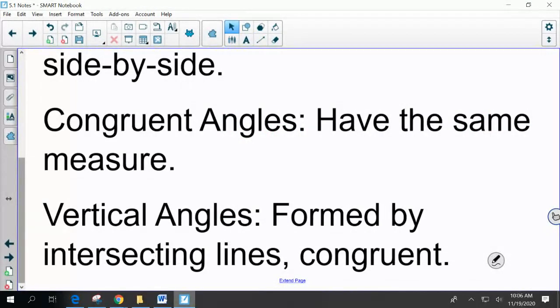Okay, so if you would pause your video and write down the last vocab word of vertical angles. And then the other part of this is, there's a lot of vocab in this chapter, and we actually will have a vocab portion on your chapter test, just like you would have in ELA, like a matching vocabulary portion of the test.